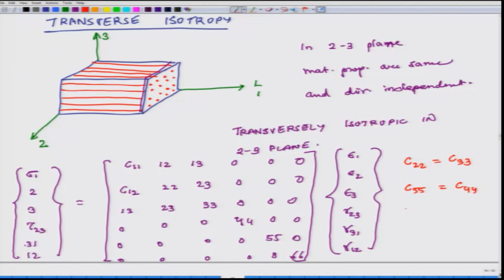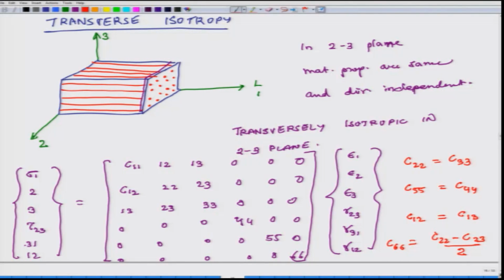And similarly, the C12 and C13 reflect the Poisson effect. So, C12 is equal to C13. And finally, and we will not discuss the proof of this, the last component C66 can be mathematically expressed as C22 minus C23 divided by 2. So, what does that mean?